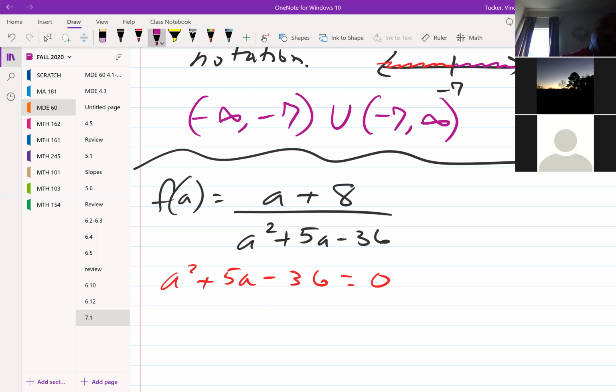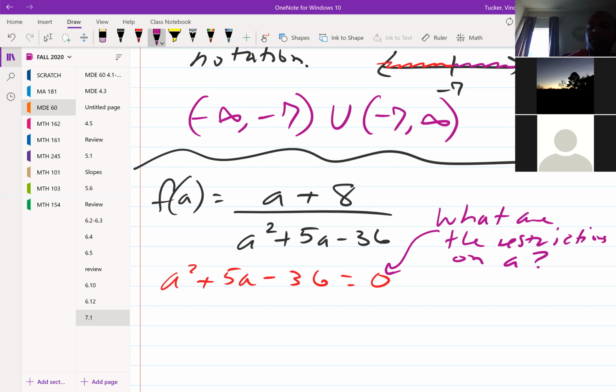Another way of looking at this, or maybe they could ask, what are the restrictions on A? So that's another way of phrasing the question. Either way, that's when you would set your denominator equal to 0 and solve.